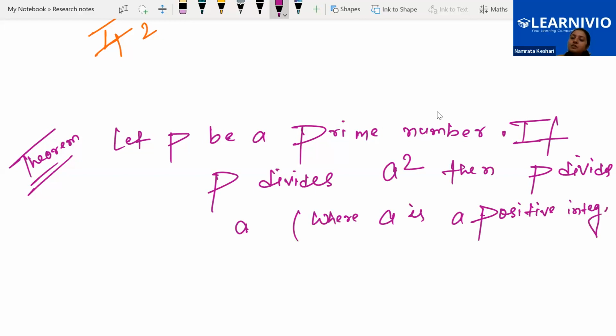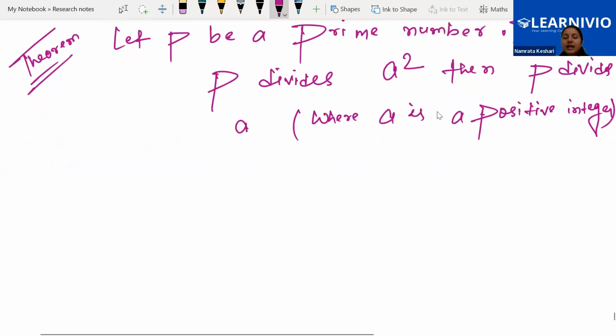We don't have to prove this theorem. We have to understand what exactly the theorem says.